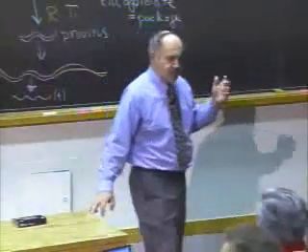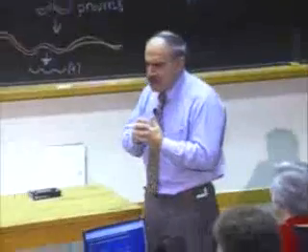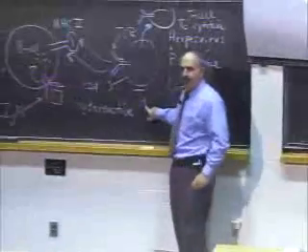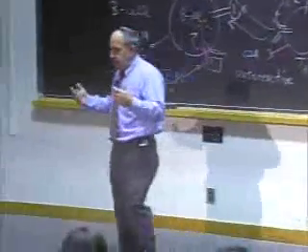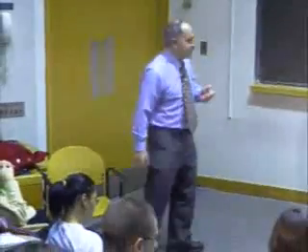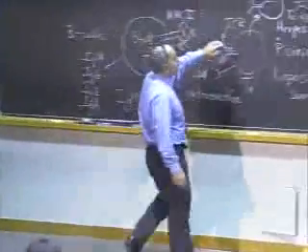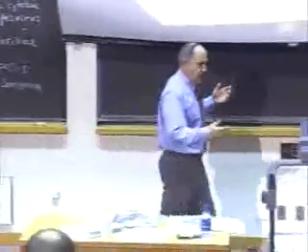The cytotoxic T cells are involved in recognizing cells that are expressing unusual or foreign antigens on their surface and killing those cells. That's the function of the cytotoxic T cells. Obviously, it's quite different from the helper T cells. But once again, the activation of the cytotoxic T cells and empowering them to make these attacks on abnormal cells depends on the helper T cells. Once again, the helper T cells represent the linchpins, the keystones of the immune response.